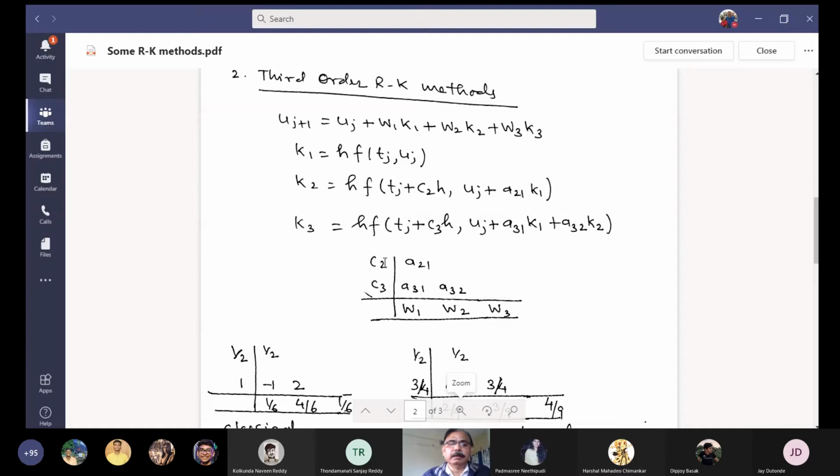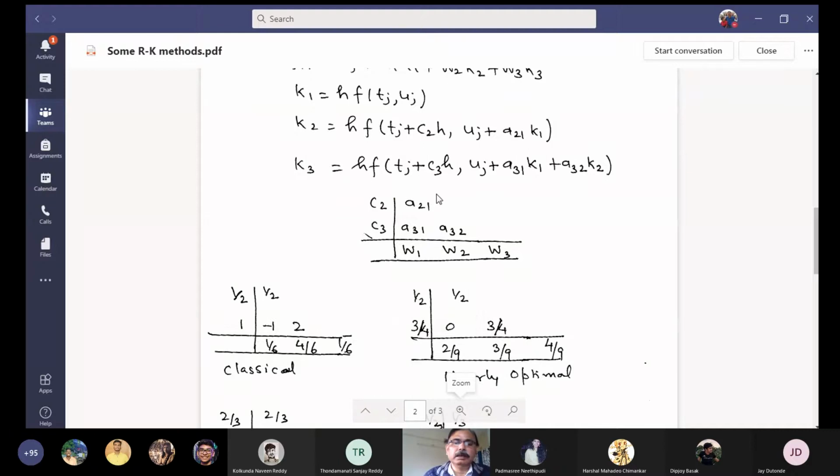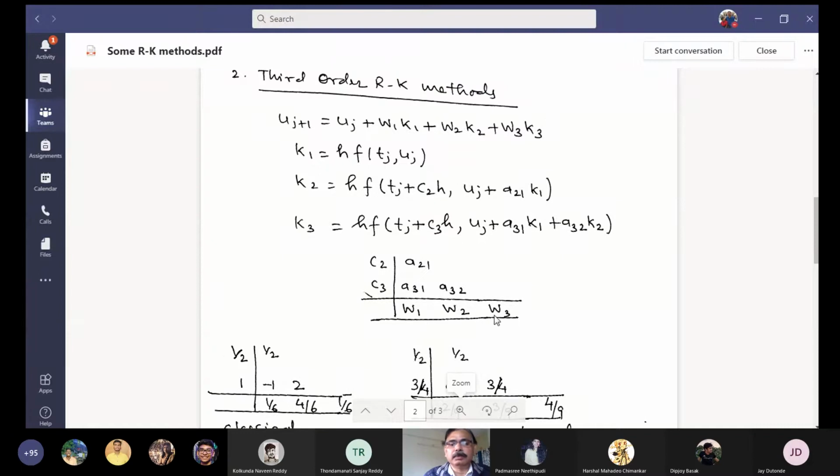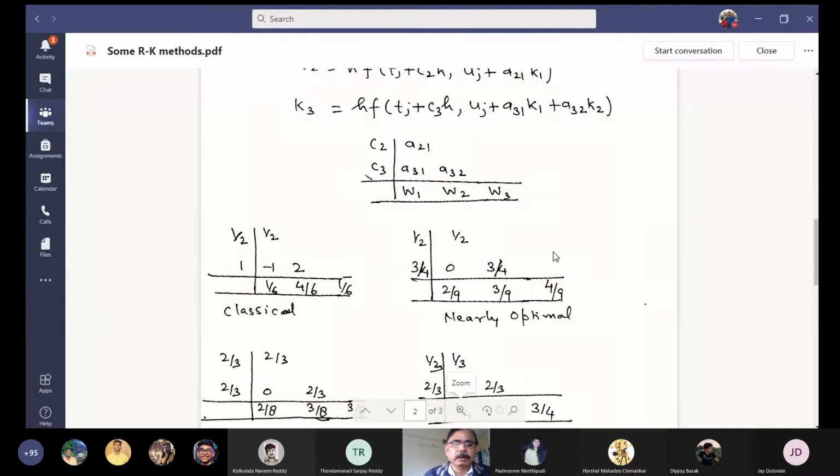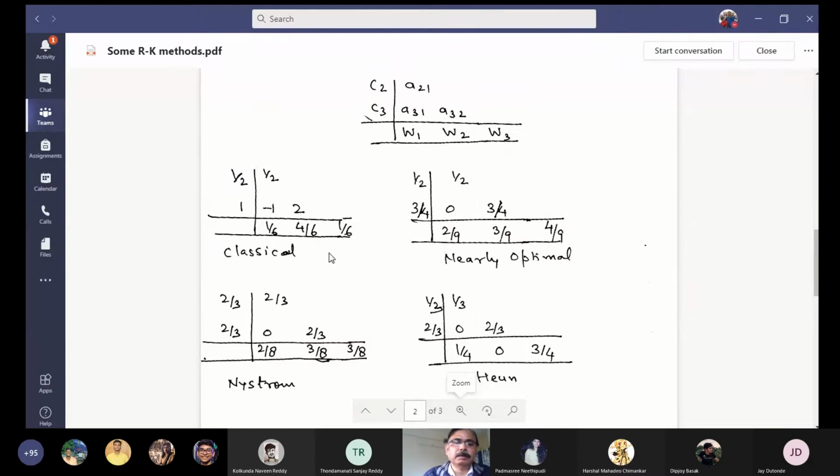And exactly in a similar way the notations are there. Whatever is written on this side, C2, C3, A21, A31, A32, everything is defined here. So W1, W2, W3. Accordingly, it is the classical third order method. Then nearly optimal, we cannot get the optimal one. Heun method, and then Strom method. So all these are given.